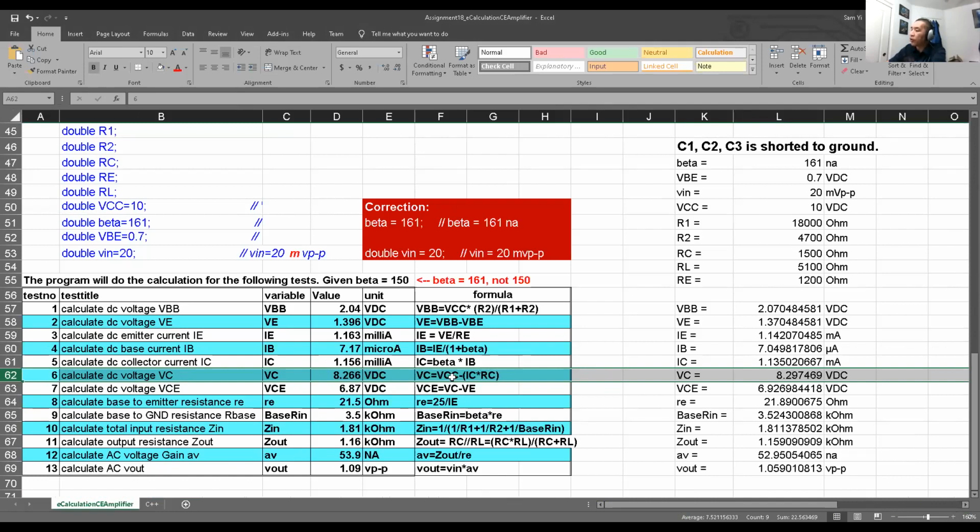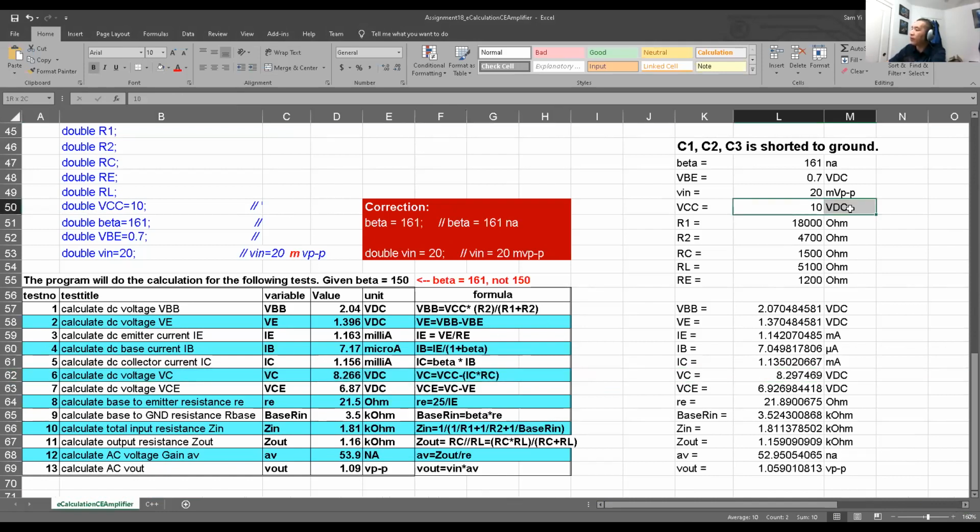We know that VCC is 10 VDC already. VDC is the base unit, it's in volts. And your IC was calculated here. It tells me that it's in milliamps, so the unit is milliamp. We have to convert this into the base unit first, so you have to solve this one first.